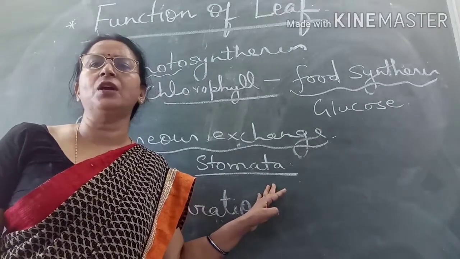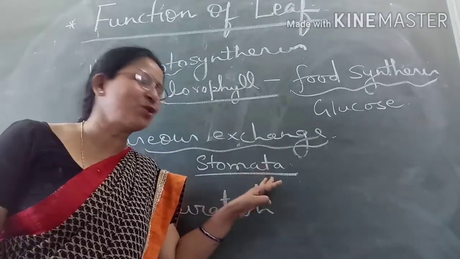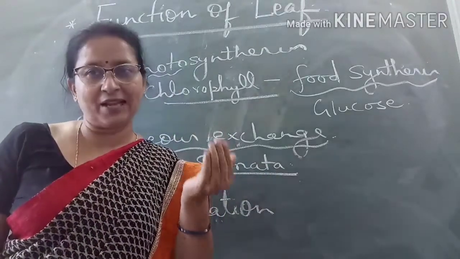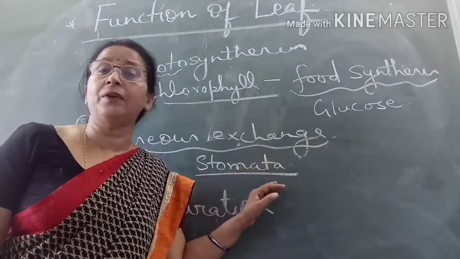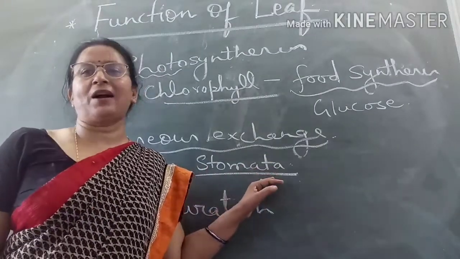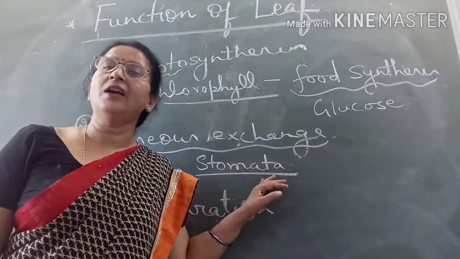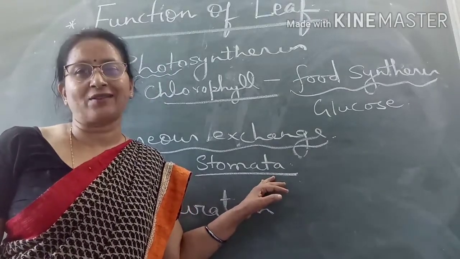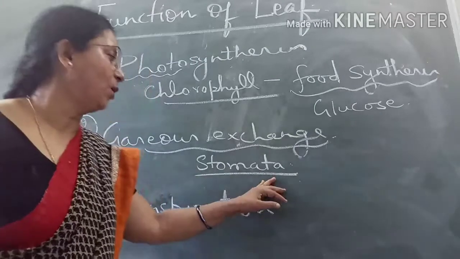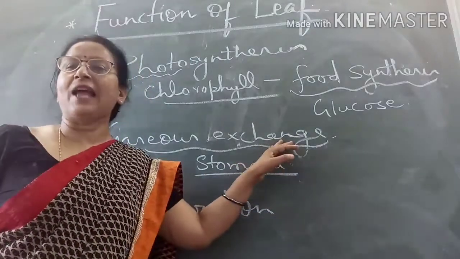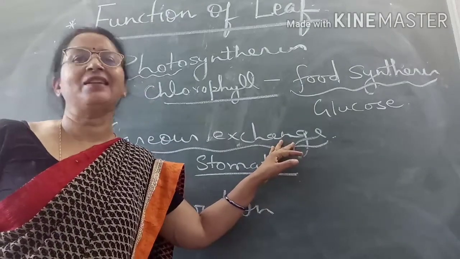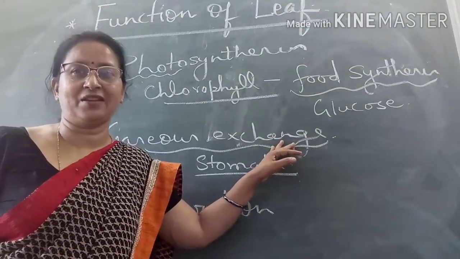If leaf is monocot, these stomata are present in both the surfaces, in ventral as well as in dorsal. But if it is dicot plant, this stomata is present only and only in its dorsal surface. And through this pore, gaseous exchange occurs during photosynthesis as well as respiration.